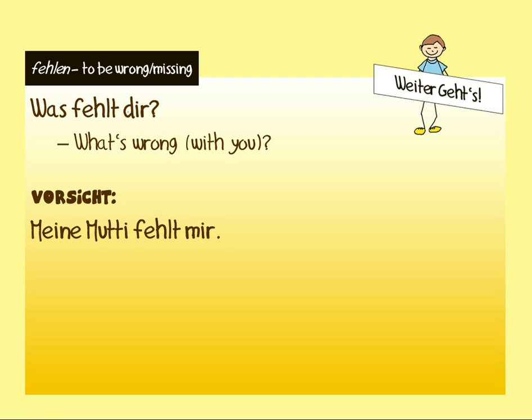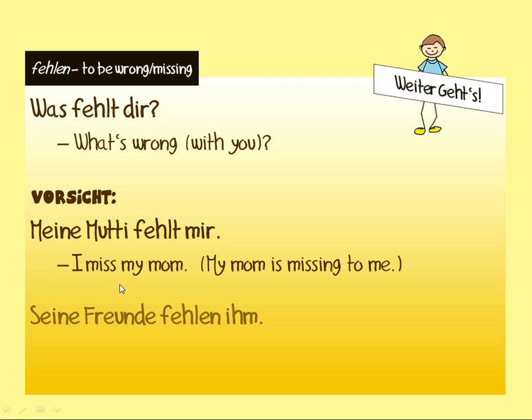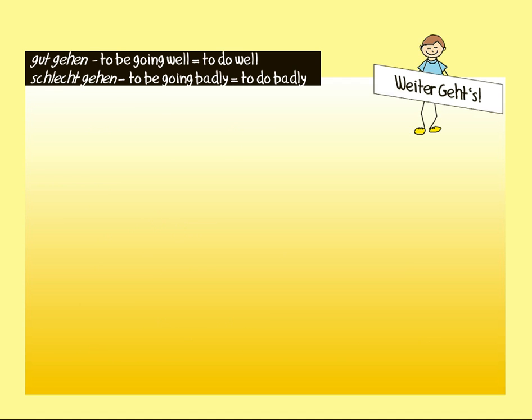Now be careful, because if you say something like meine Mutti fehlt mir, we're saying my mom is missing to me. So if you wanted to say I miss my mom, in German you're really saying my mom is missing to me. Same as my friends. I've missed my friends. You would say seine Freunde fehlen ihm. His friends are missing to him.